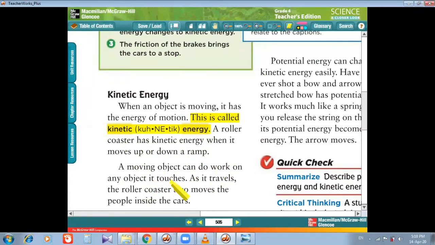If something is moving and it touches anything, we say that work is done on those objects. For example, as the roller coaster travels, it also moves the people inside the cars. If we are sitting inside the roller coaster and it is moving, we are also moving, so we say that work is done on us by the roller coaster.